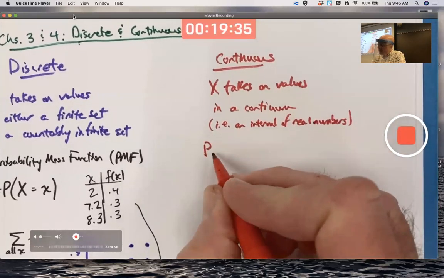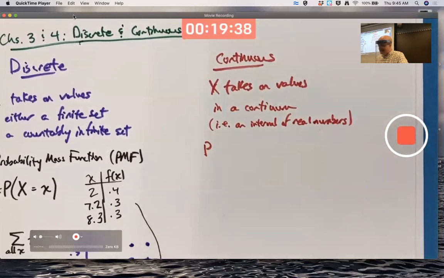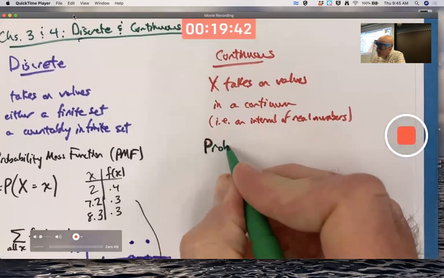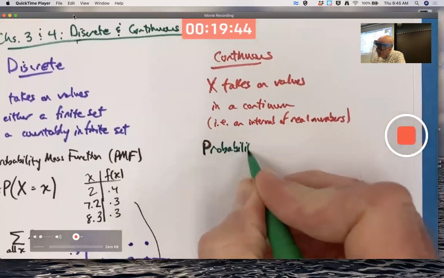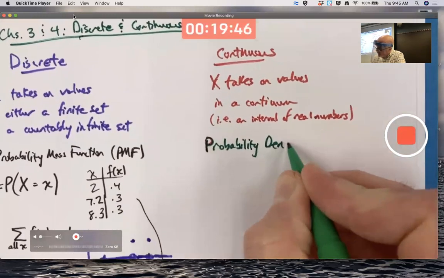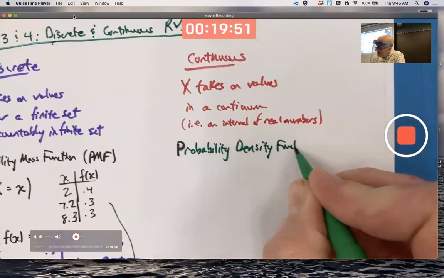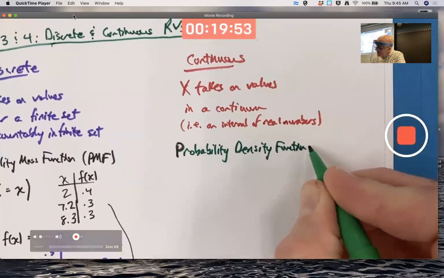Instead of a probability mass function, you have a probability density function. And again, our book calls them both probability density functions, but I don't think that's good. I will try to distinguish them.